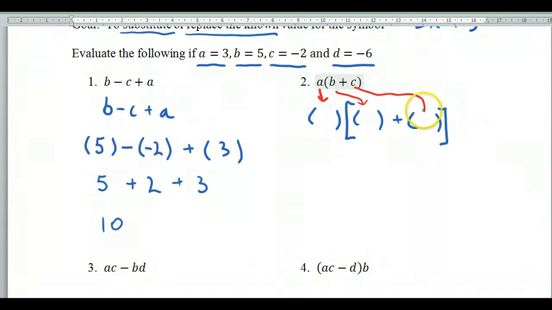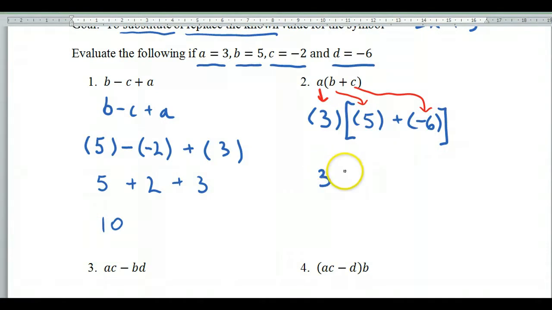Okay, so I have to go look at my code up top and see what A is. Well, A we said was 3. B was 5. And C was -6. Okay, and again, use brackets here just so you don't mess up with your multiplication signs and your plus and minus signs. So let me go ahead and rewrite this now. Now I can get rid of some of these brackets.